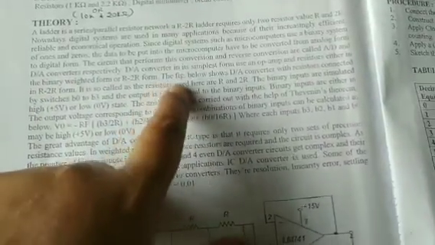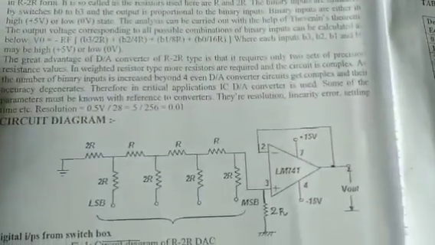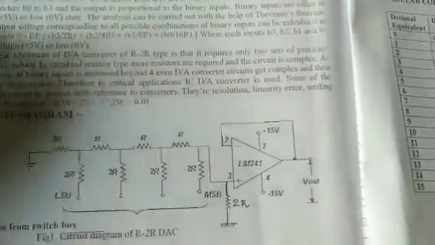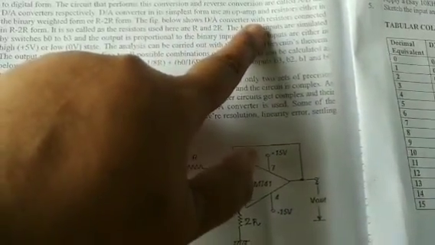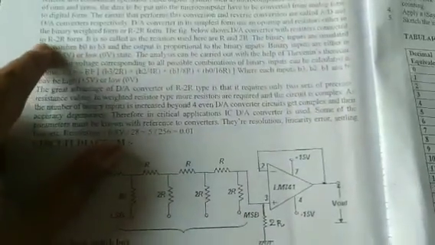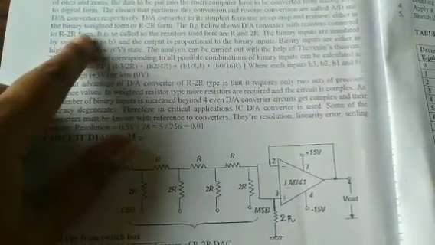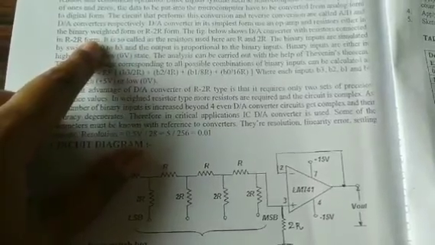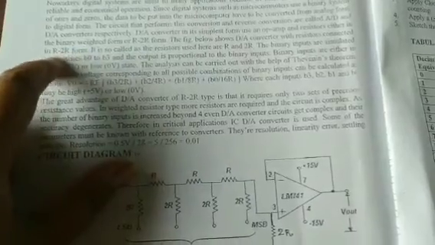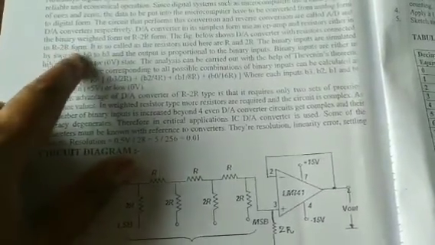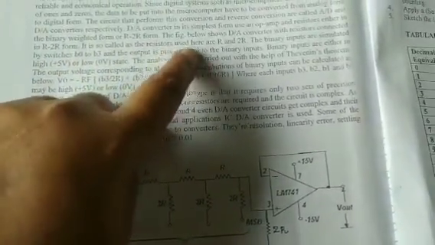This circuit diagram shows the D to A converter, digital to analog converter, with the resistors connected in R and 2R form. What do we mean by this R and 2R form? It is the 10K and 20K value, or 1K and 2K value. It is so called as the resistors used here are R and 2R.